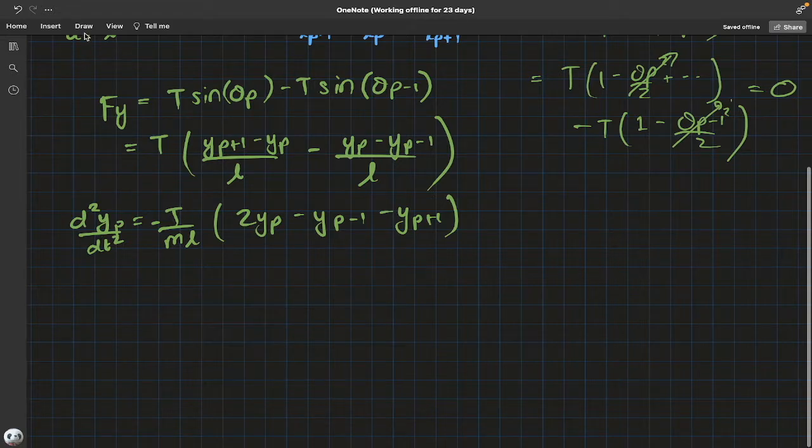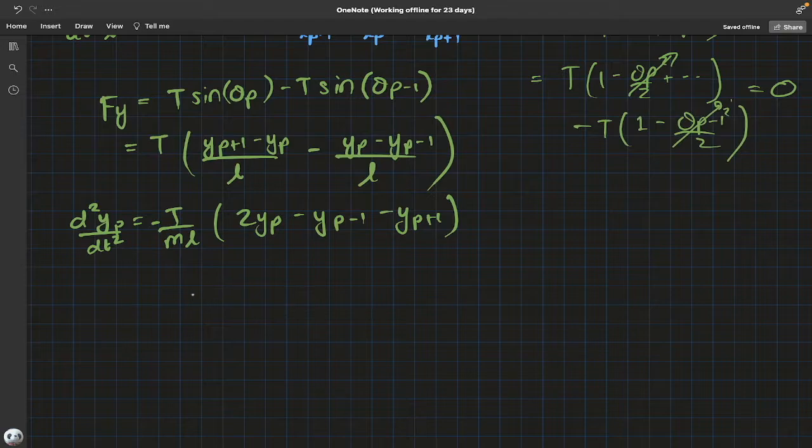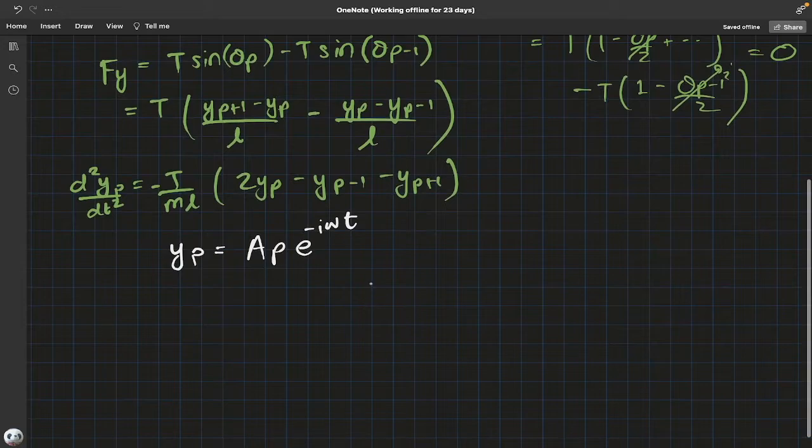And now what we're going to do is what we commonly do in physics. We're going to guess a solution. Some amplitude, and this exponential term, because exponential is the eigenfunction for a differential operator, at least in most cases that we're concerned with.